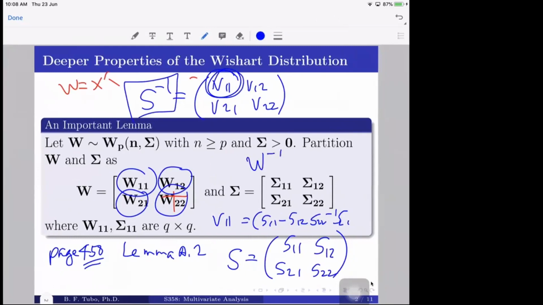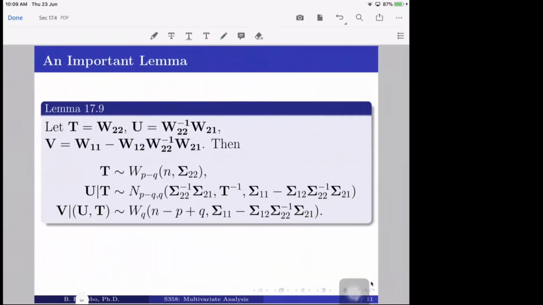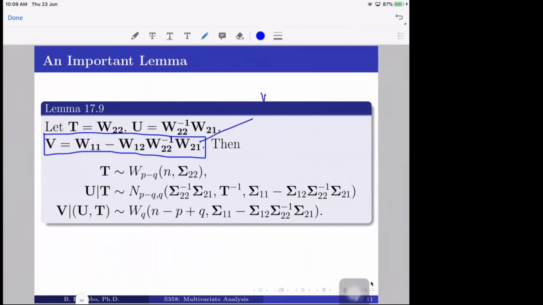Imong W inverse. Are you following? Kini na term. So kandidato ni siya sa W inverse. Ang sulod niya katong dinhi V, so V1, V2, V3, V4. Anyway, component na siya sa W inverse.